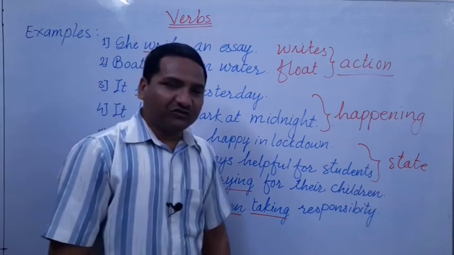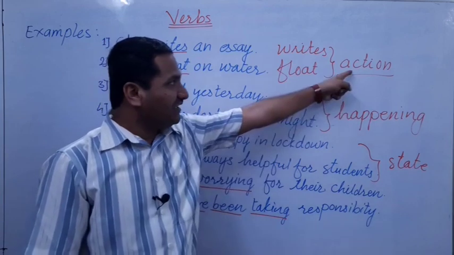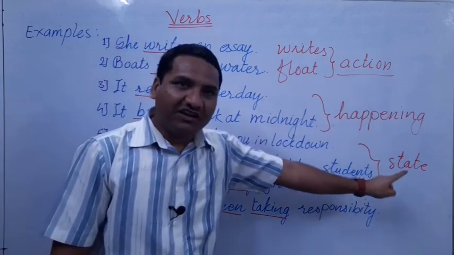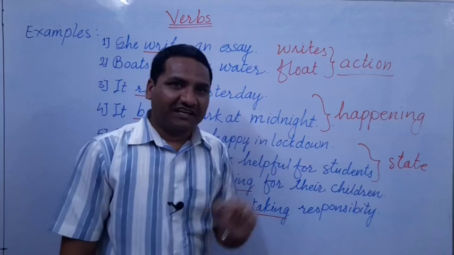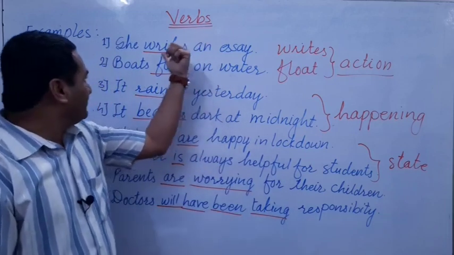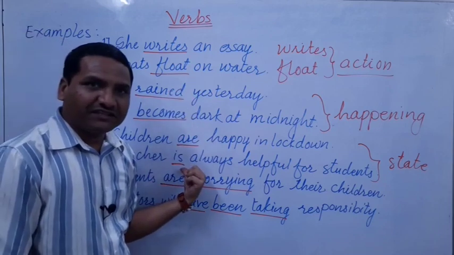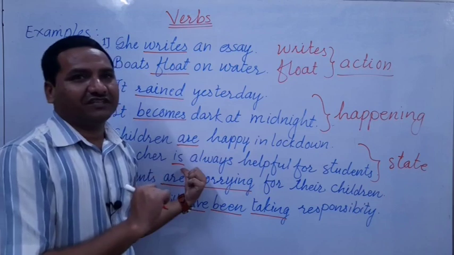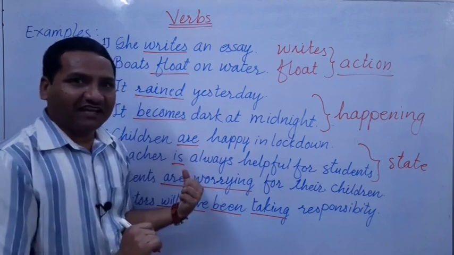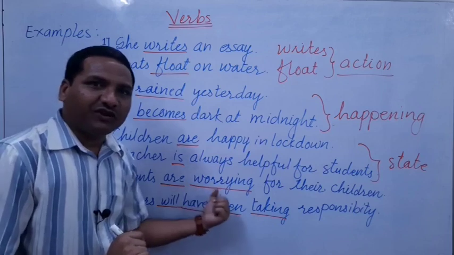So if you want to make the definition of verb, we must think about action, happening and state. And another thing, in the first to sixth sentences, only one word is a verb. And in the seventh and eighth sentences, there are groups of words.